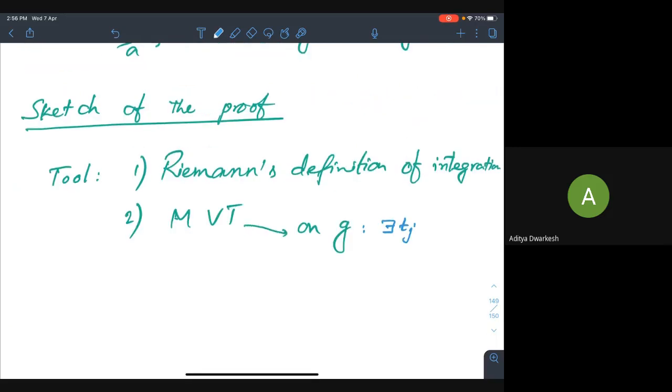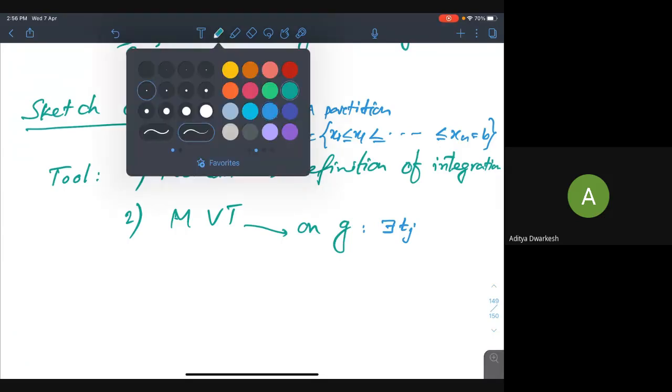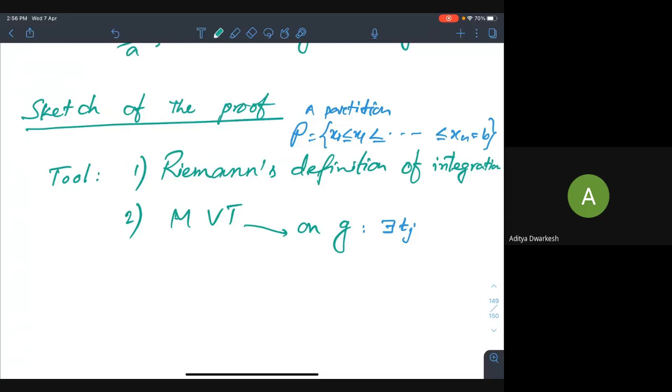For Riemann's definition, we will consider a partition x0 less than x1 less than ... less than xn equal to b. Where will we use the mean value theorem? On G on the interval [xj minus 1, xj].